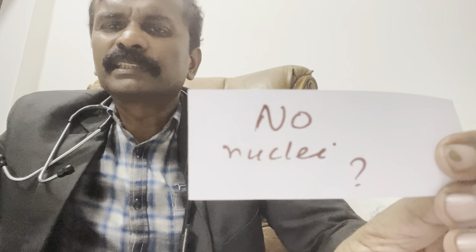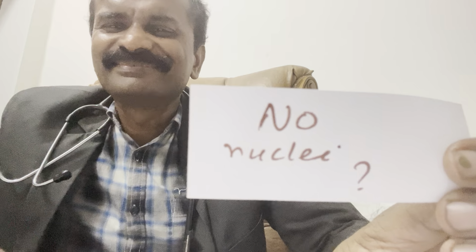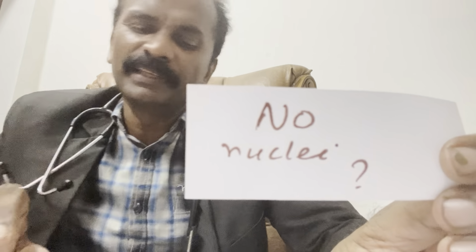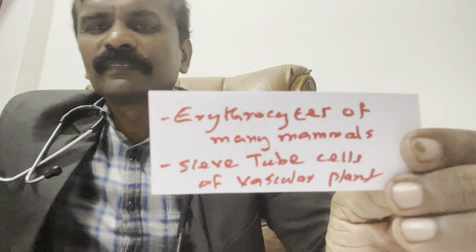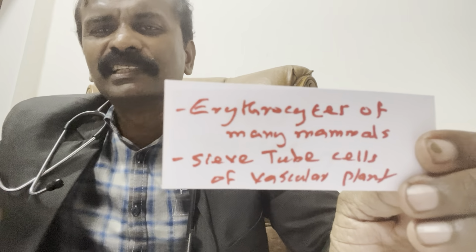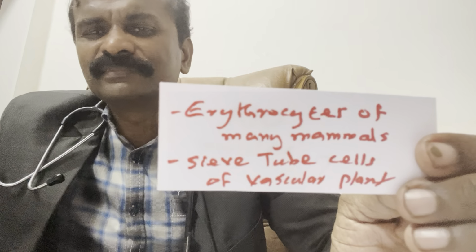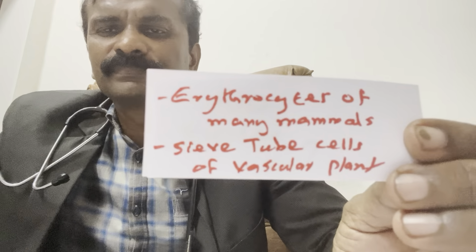Can you tell me cells with no nuclei? So many times MCQ. Cell with no nuclei. First one is a repeated MCQ point: you must always remember erythrocytes of many mammals. Second one, tube cells of vascular plants.